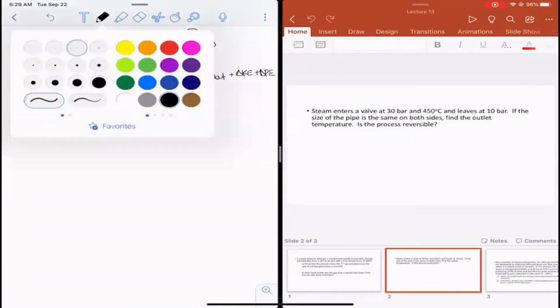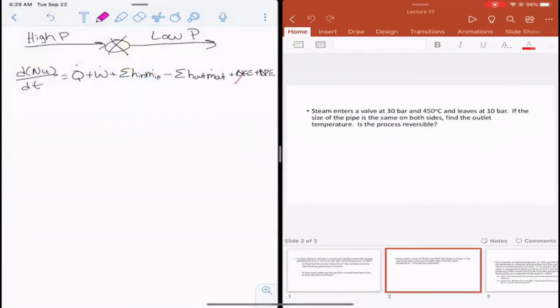I write it that way because we know automatically we're going to get rid of those terms, because the velocity doesn't change and it's horizontal. If we're operating at steady state, the accumulation term on the left goes to zero. And if we're well insulated and not doing any work, all of those terms also go to zero.